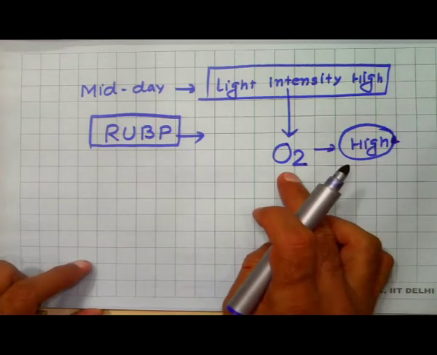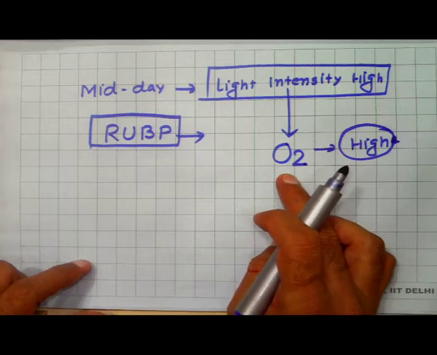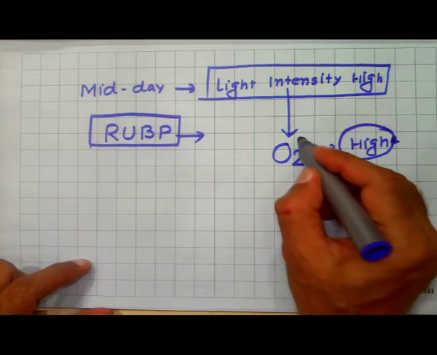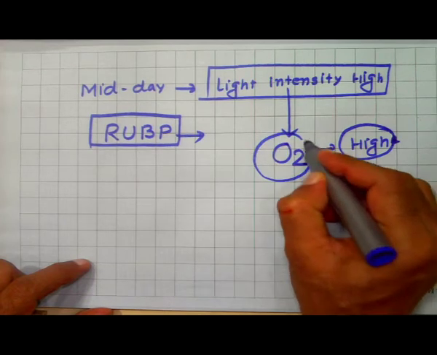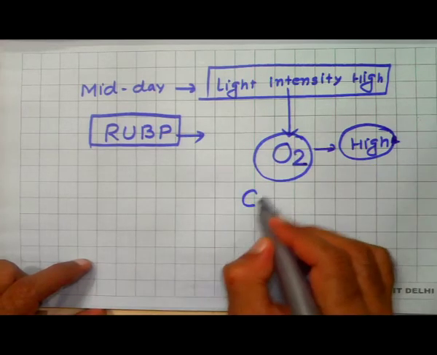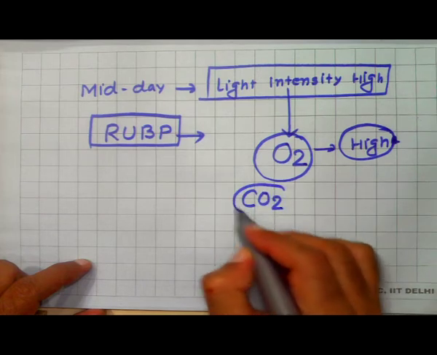So during midday, 12 hour to 2 p.m., there is a high concentration of oxygen present in the atmosphere in comparison to the carbon dioxide concentration.